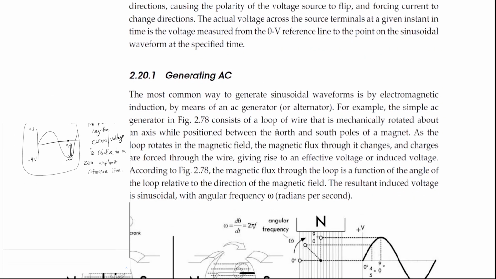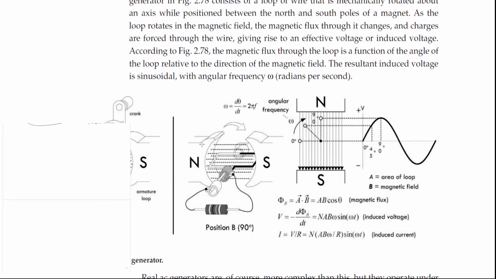So when it comes to generating AC, the most common way to generate sinusoidal waveforms is by electromagnetic induction by means of an AC generator or alternator. For example, the simple AC generator in figure 2.78. Yeah. Okay, so it's like a hand crank thing.